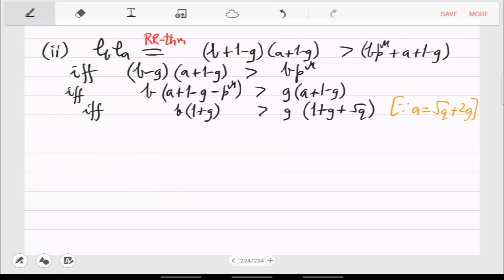And p raised to mu is square root q. So left hand side simplifies, right hand side also simplifies. And which means that you want b to be greater than g times 1 plus root g over q plus 1 or g plus 1.